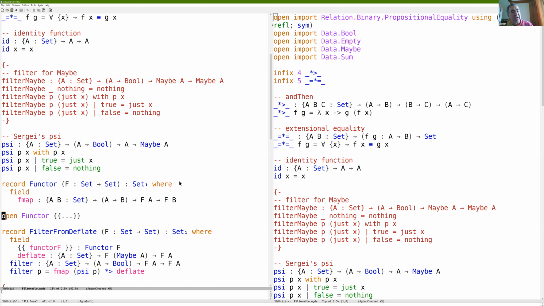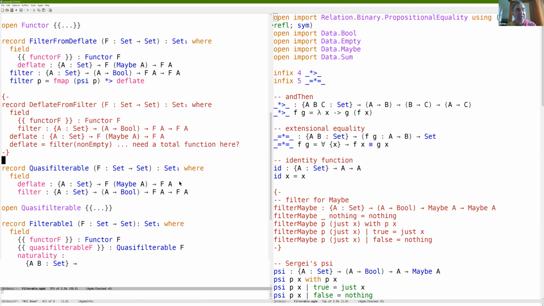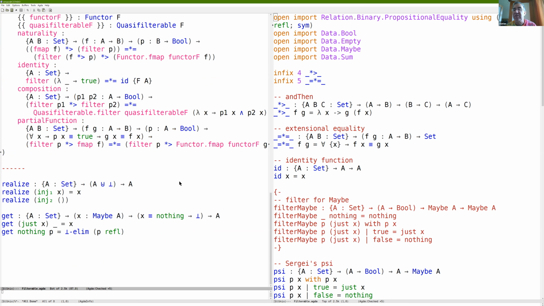And so I thought, well, the alternate set of laws for filter, the ones that depend on deflate, maybe those just can't be expressed in a total language. And then it was only this morning that I realized, well, actually, you can deal with partial functions in Agda.